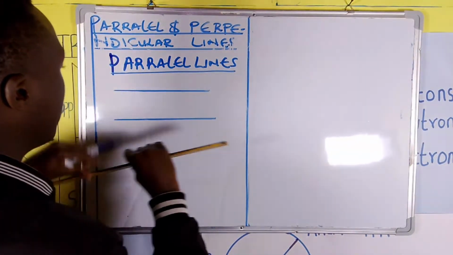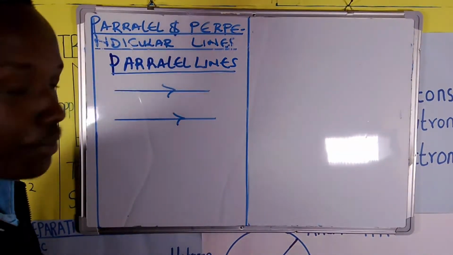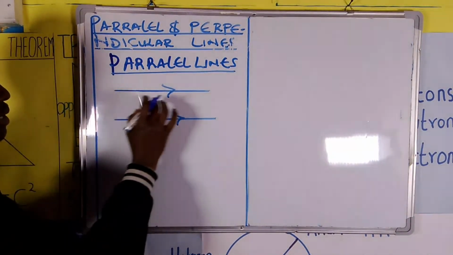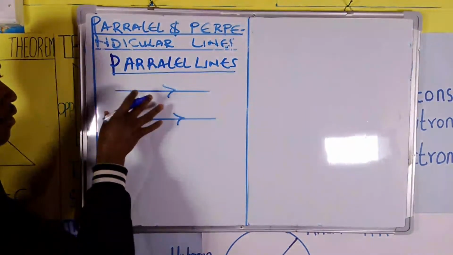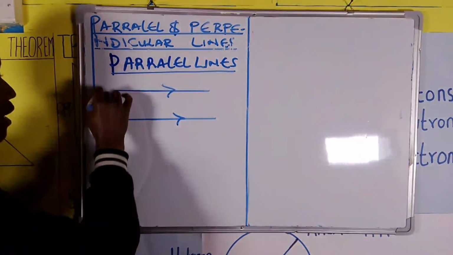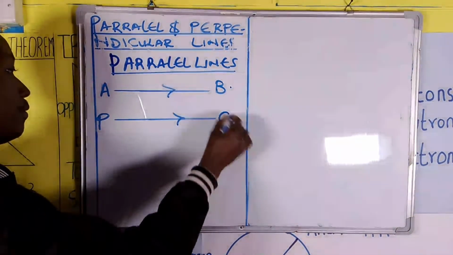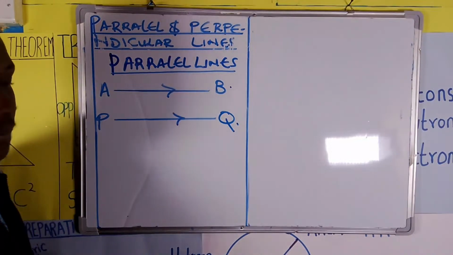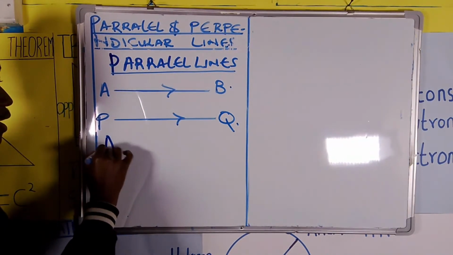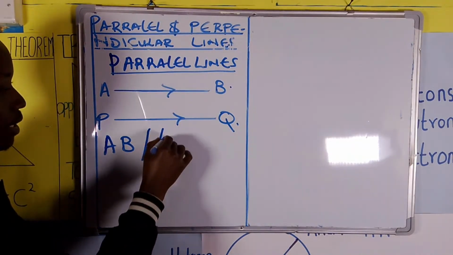Parallel lines are straight lines whose distance between them is the same. So the distance between the two lines from any given point is the same. If we say this is line AB and this is line PQ, we can say that AB is parallel to PQ.